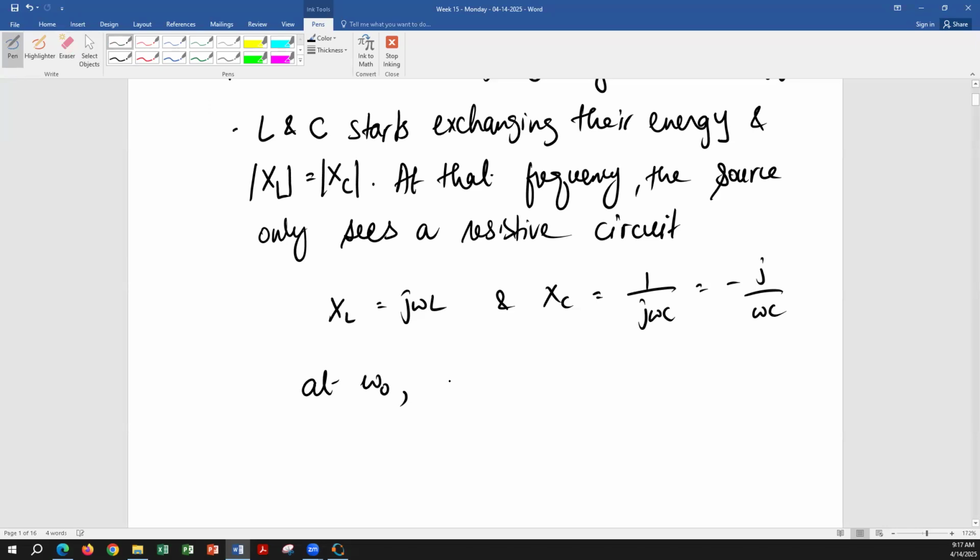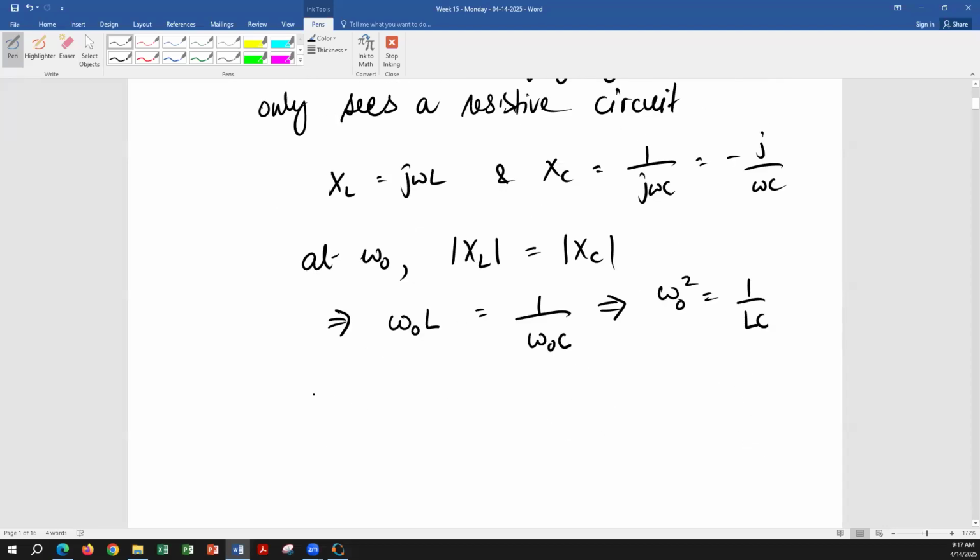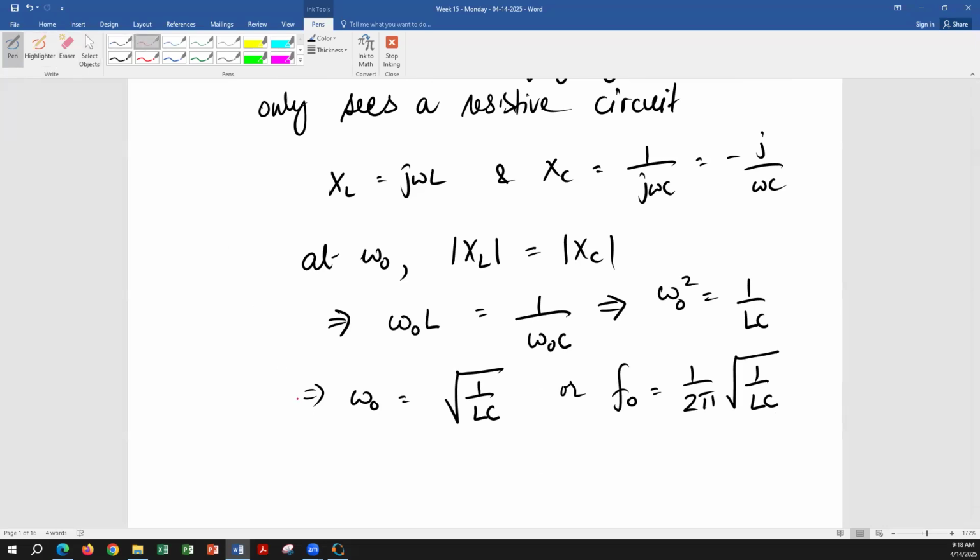At omega naught, magnitude of XL is equal to magnitude of XC, which implies omega naught L equals 1 over omega naught C, which becomes omega naught squared equals 1 over LC, and omega naught equals the square root of 1 over LC, or f naught equals 1 over 2 pi times the square root of 1 over LC, since f naught is omega naught over 2 pi. So this is your resonant frequency.